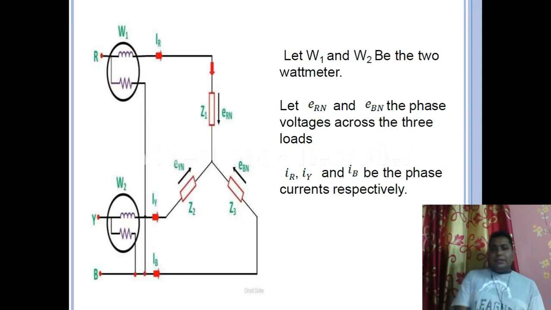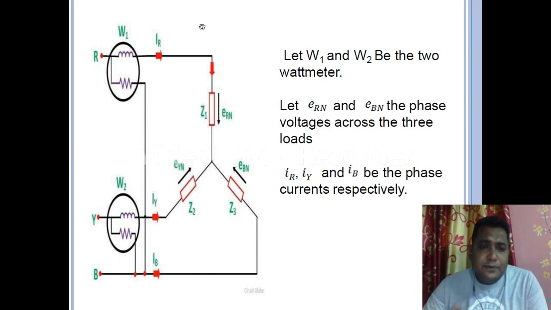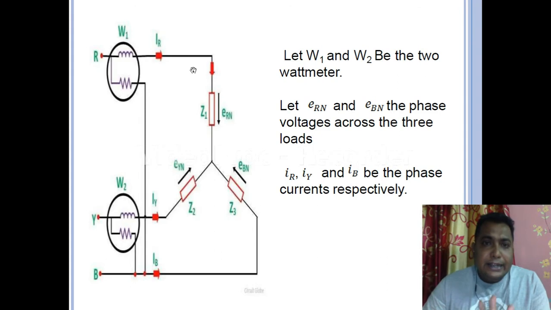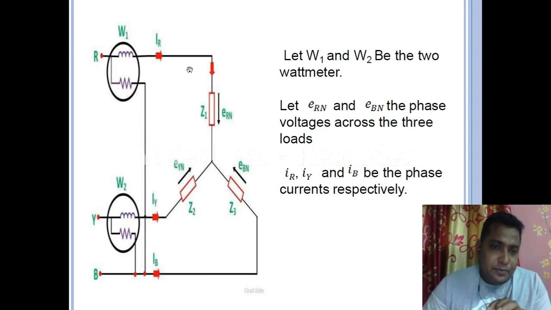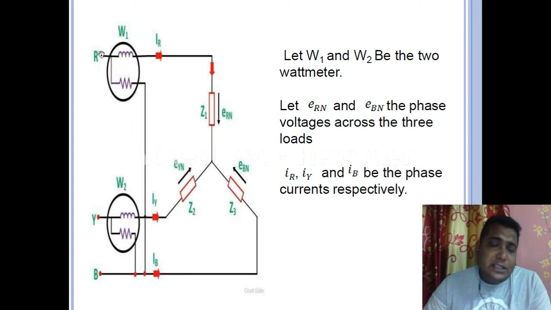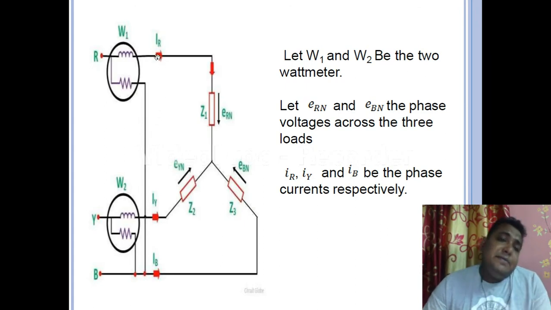So first I am telling you to carefully view the diagram and follow the pointer, so that you can better understand how the derivation is made in the next slide. So let us see what is there. This is a 3-phase star connection. Obviously there are 3 phases R, Y, B, and in the previous slide it is mentioned that 2 wattmeters are going to be used.